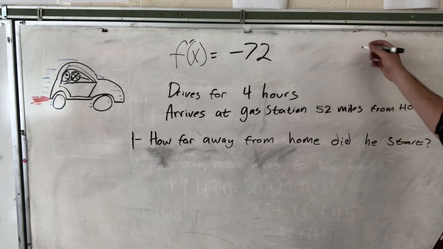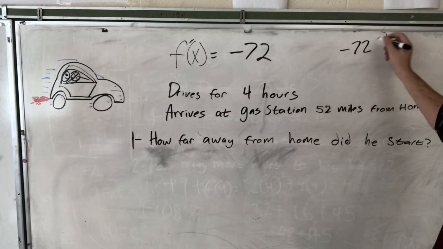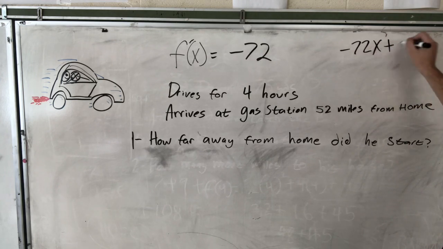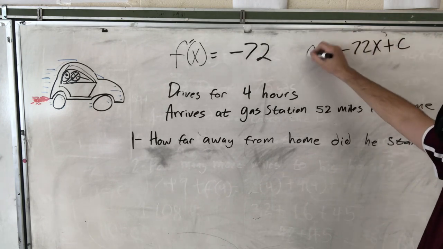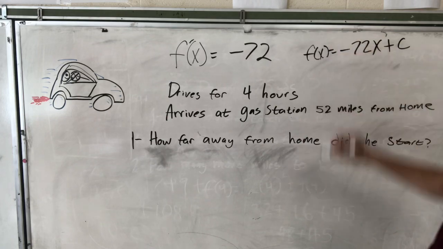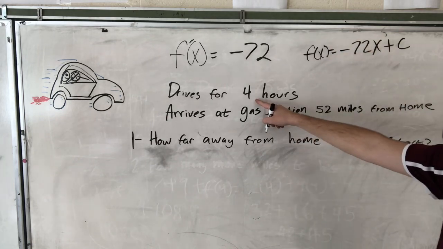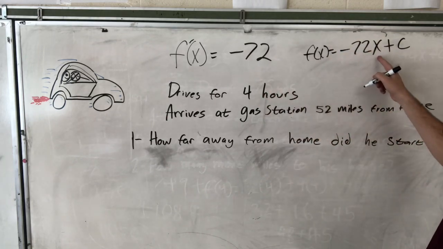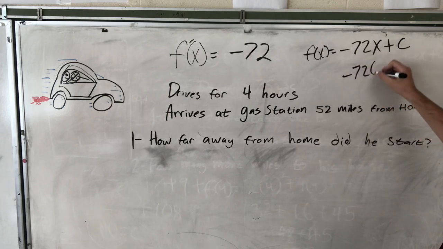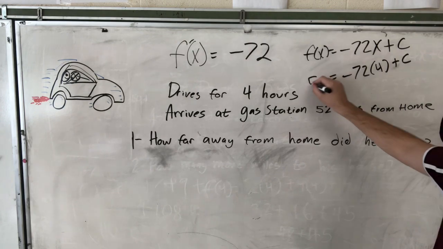Well, let's integrate this. This is going to give us negative 72 x plus c. So f of x is that. We want to know, right, at 4 hours, so 4 hours is our time, negative 72 times 4 plus c equals 52.